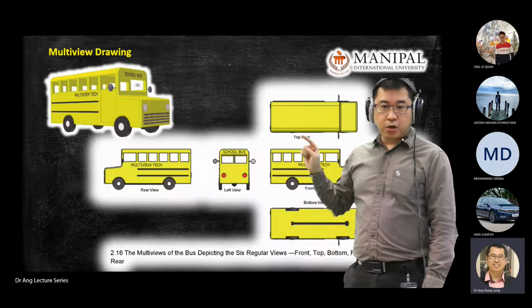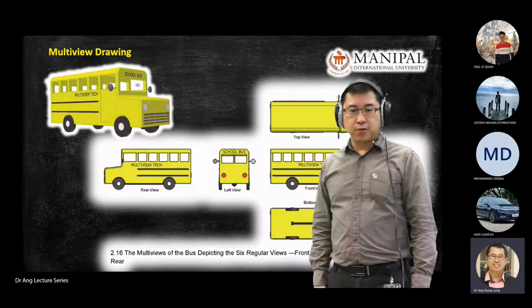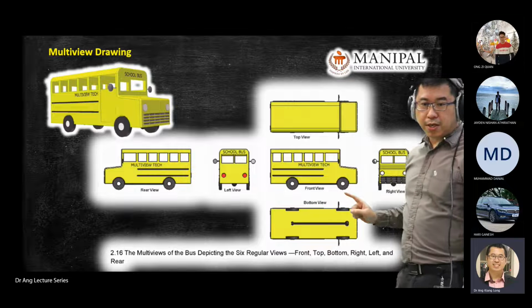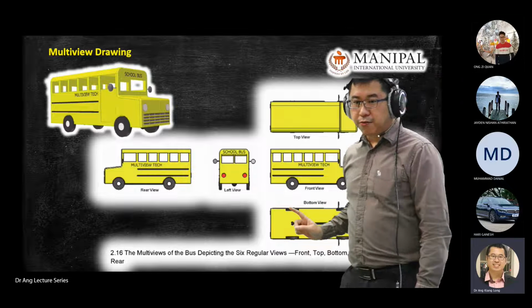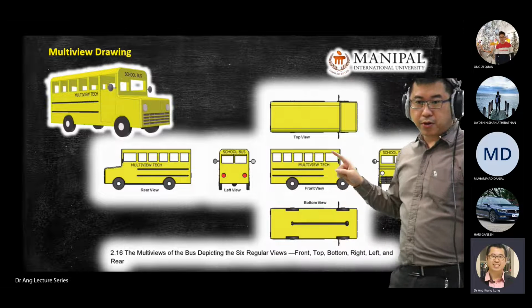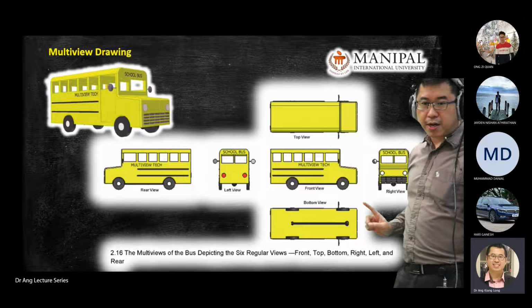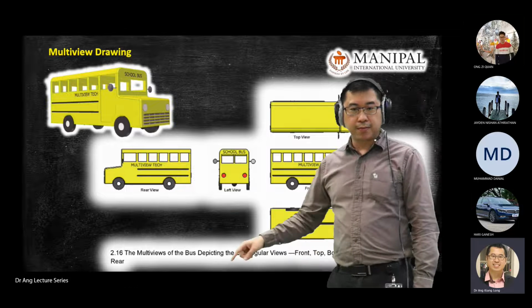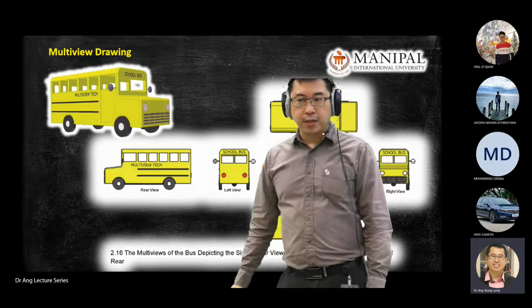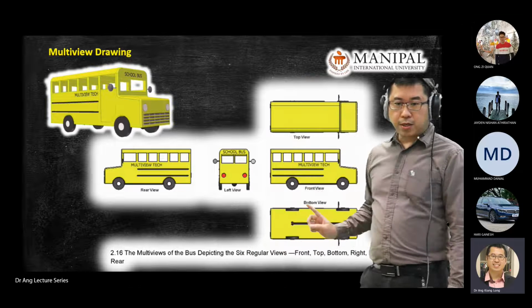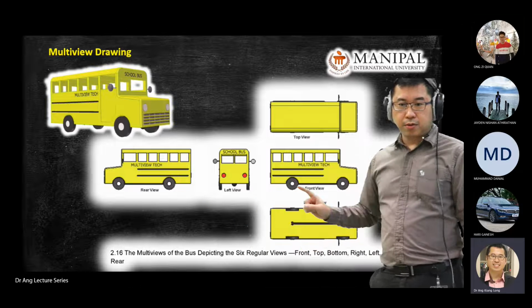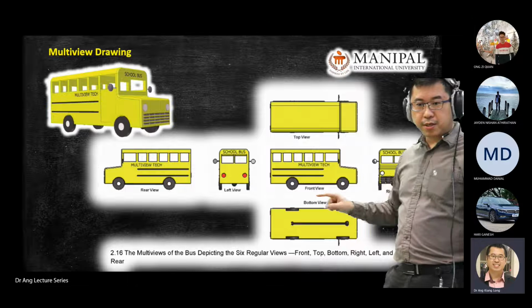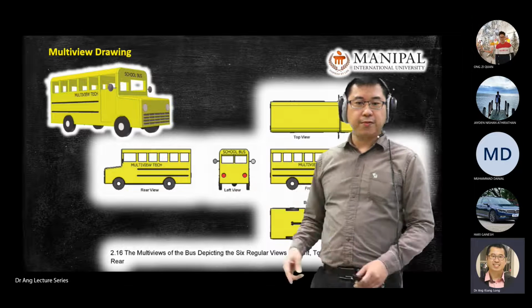Then recall what all the views mean. What is the front view? What is the top view? Or what is the right view, left view, bottom, and rear view? These are all the general views that you should be aware of.